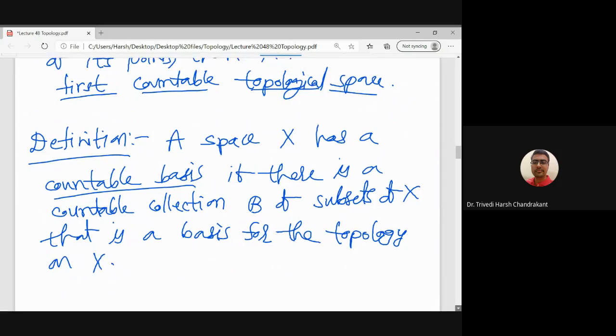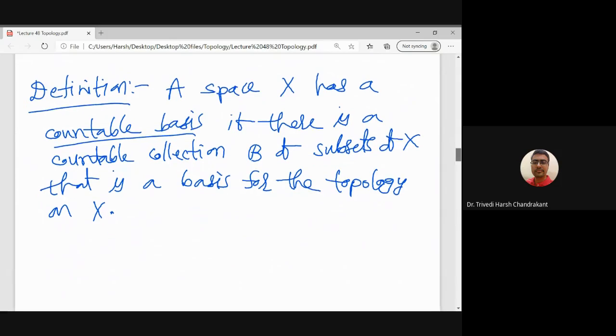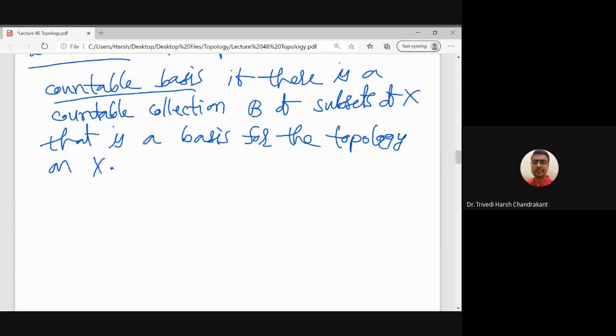So we know that every topological space has a basis. Now the question is whether that basis, that collection itself, is a countable collection or an uncountable collection. So if we have a topological space whose basis B is itself a countable collection, then the topological space X we will call a second countable space.